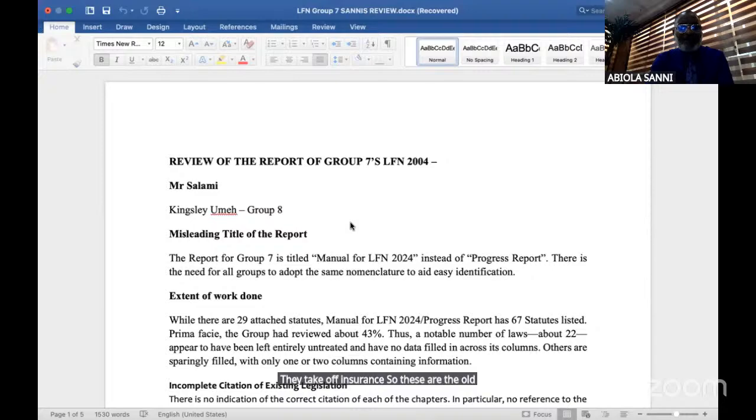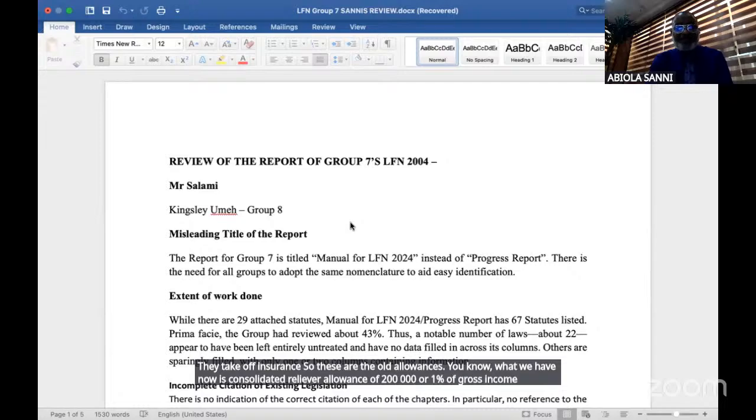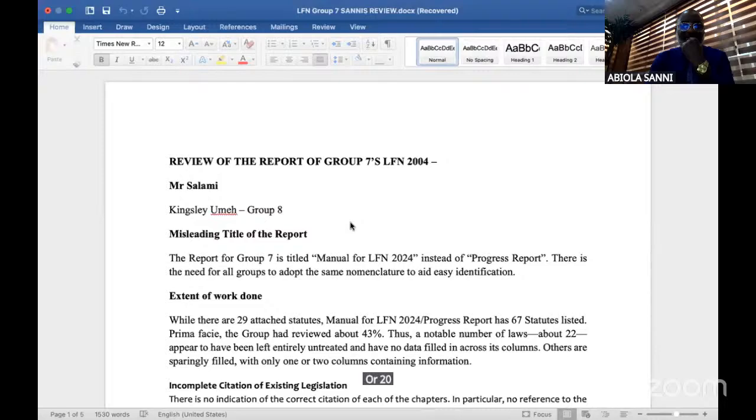What we have now is consolidated relief allowance of 200,000 or 1% of gross income, whichever is higher, plus 20% of gross income. But you know, that was kind of complex.